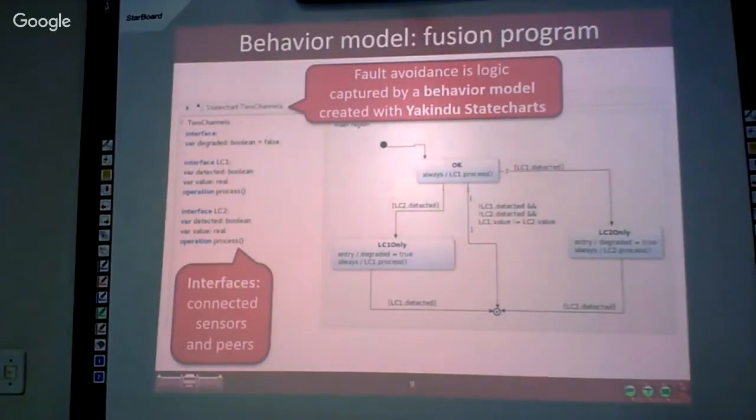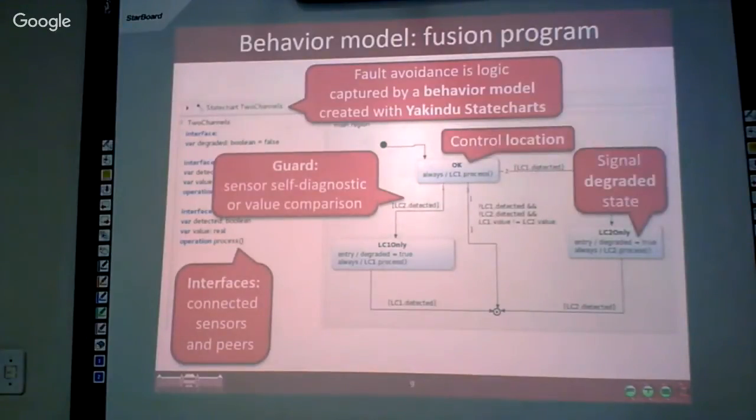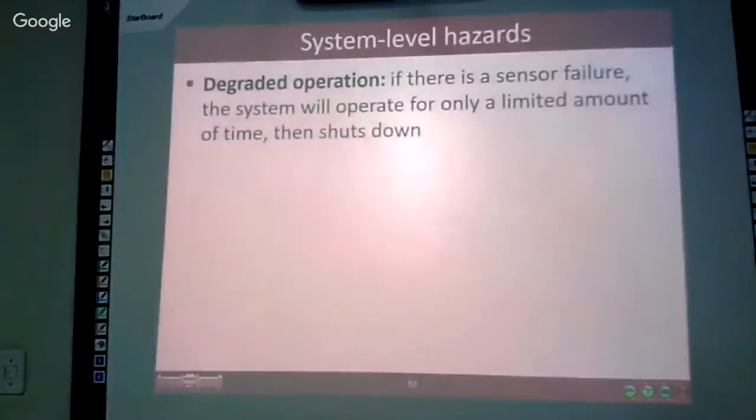Here you can see the interfaces, the guards reading self-diagnostic and other value comparisons, and we have the control locations and the degraded states. And then when there is a big problem, we have to terminate the process. And we identified system level hazards.